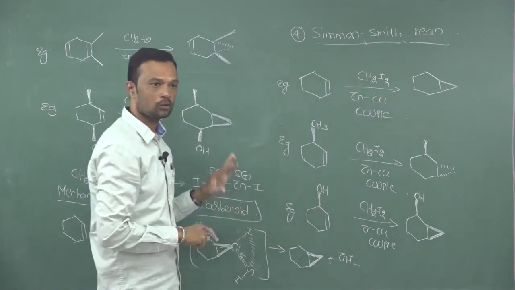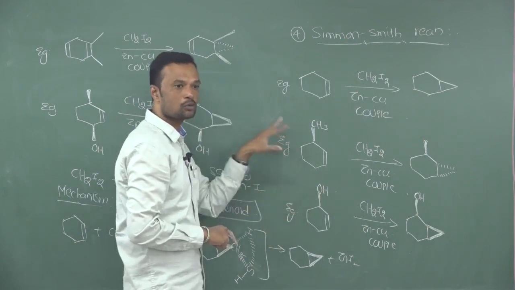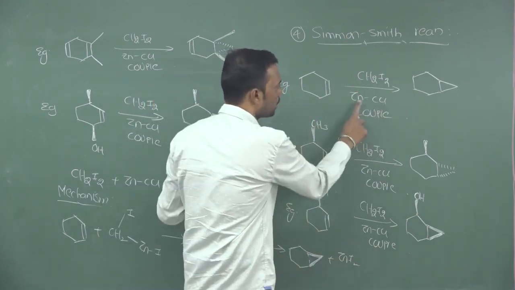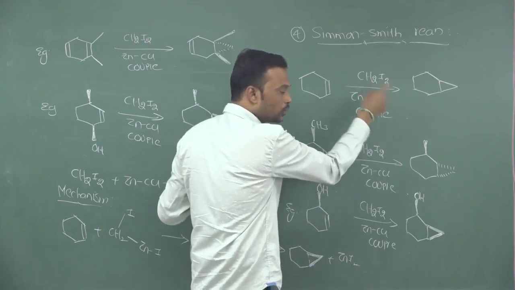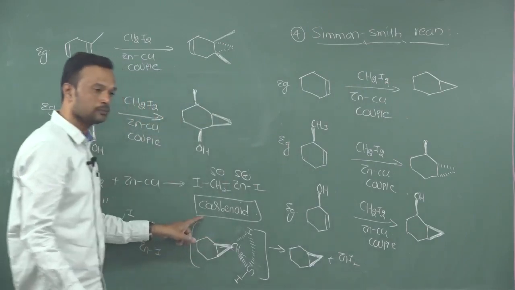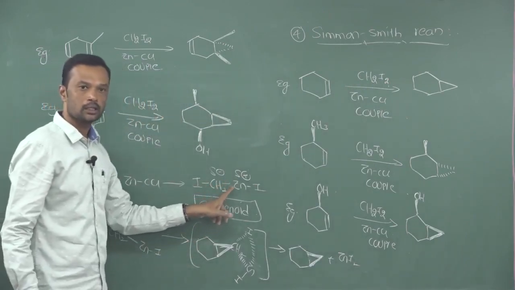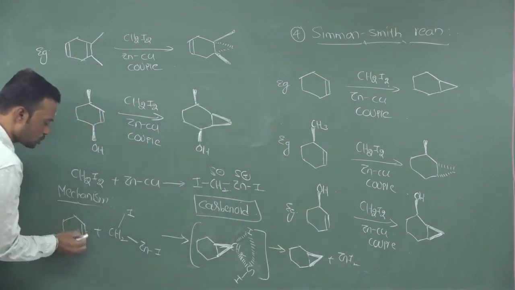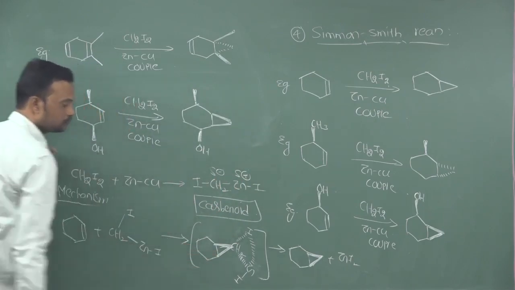Who is participating now? Zinc is participating. It is a zinc OMC reaction. Copper is activating zinc, and zinc is inserted between carbon and iodine, giving a carbenoid. Iodomethyl zinc iodide is called a carbenoid. Now the CH2 unit is introduced between these two carbons and forms a cyclopropane.